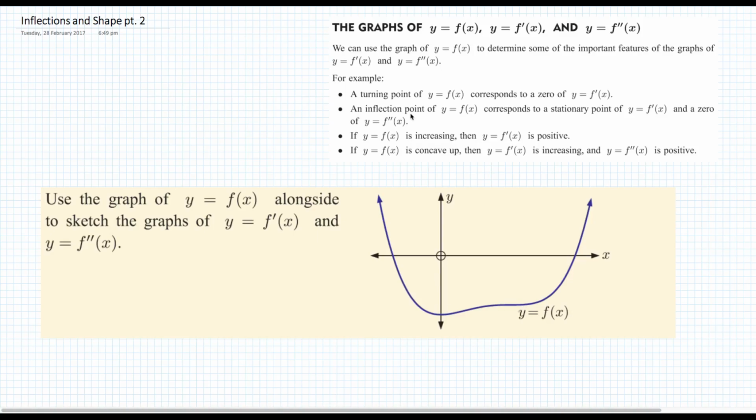An inflection point of our function corresponds to a stationary point of our first derivative and a 0 of our second derivative. So if we find a point in here that looks like an inflection point, what we're going to see is a stationary point of our first derivative and a 0 of our second derivative.